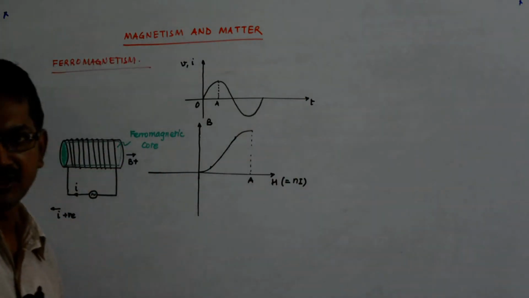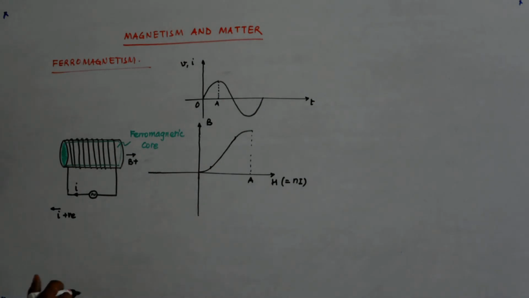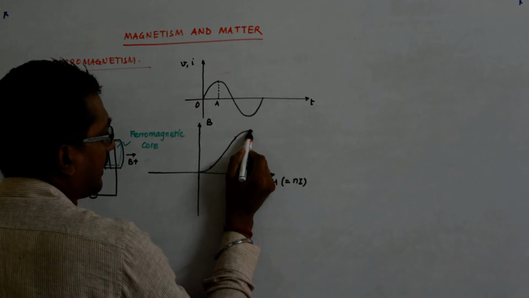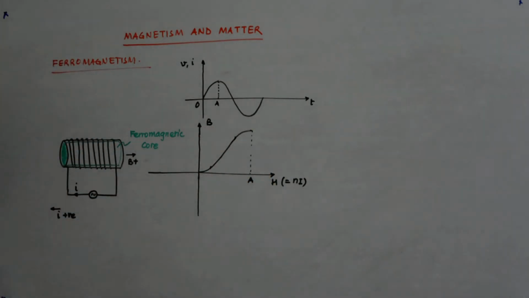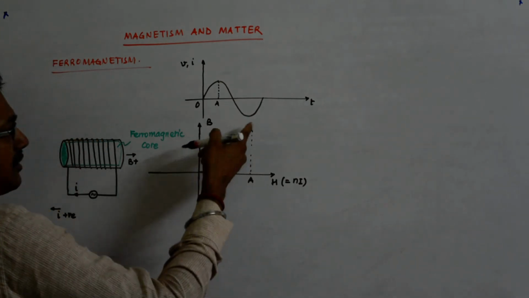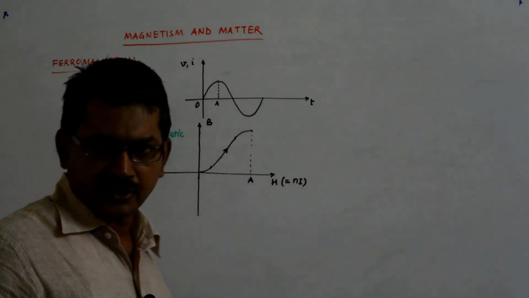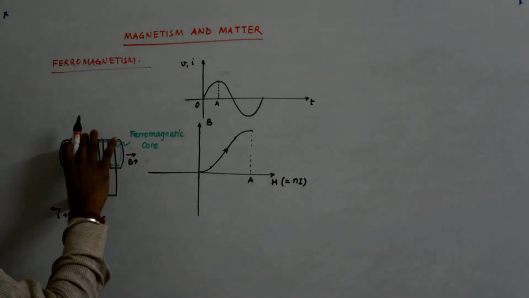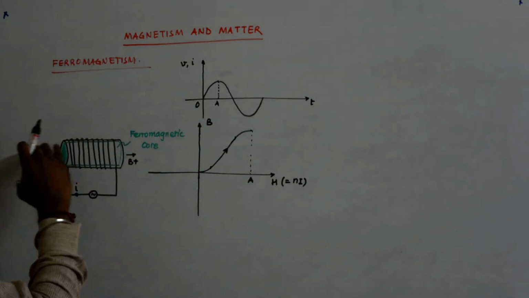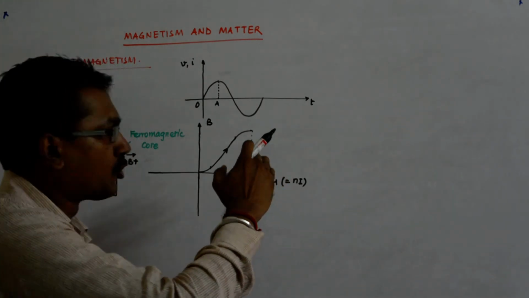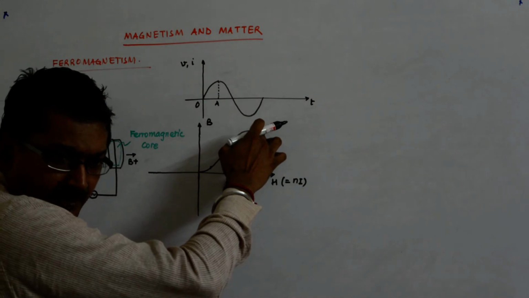Now the moment it starts decreasing, something else happens. Ideally, we expect it to follow this path, so it had gone like that. But what has happened, you understand? The current here has reached a maximum, so all those alignments of the domains are in this direction. My magnetization has peaked.